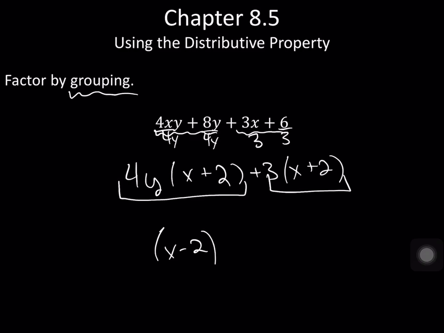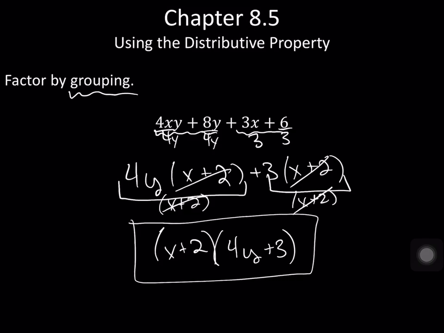And if the x minus 2 is factored away, 4y is left over. And if the x plus 2, my bad, if the x plus 2 is factored away, there's a plus 3 left over. And this is factored form.